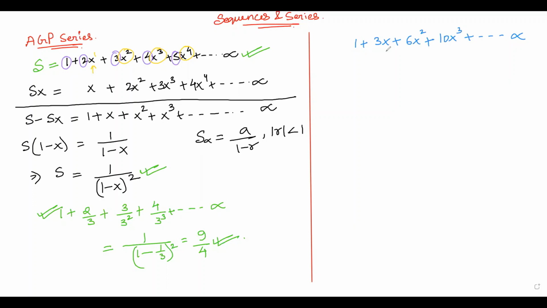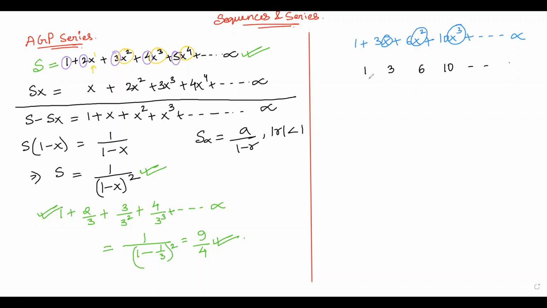Here also, if you look carefully, the second part of each term forms a GP series as the terms are x, x square, x cube, x raised to power 4 and so on. And this is also extending till infinity. But the first part of each term does not form an AP series as the terms are 1, 3, 6, 10 and so on.